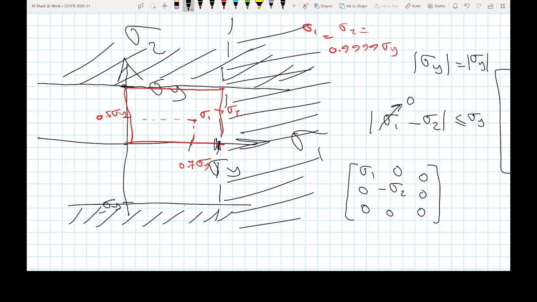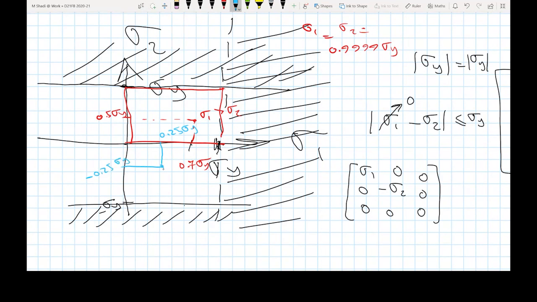Now let us compare the same thing. I'll just do the same comparison which we did before for sigma 1 and sigma 2 being something other than 0. So basically what would happen in this quarter. I think this is probably the tricky bit, so please pay attention. Let us take a point here and a point here. Let us assume that this is 0.25 sigma y, and this is minus 0.25 sigma y.